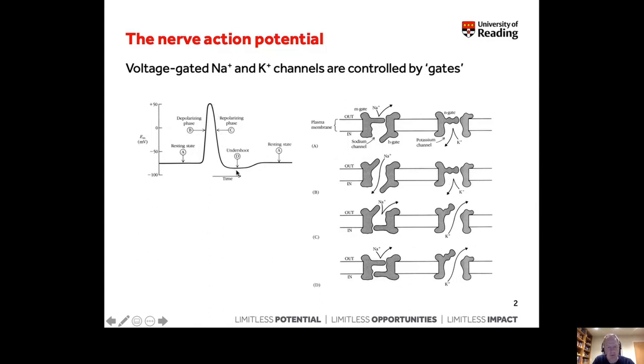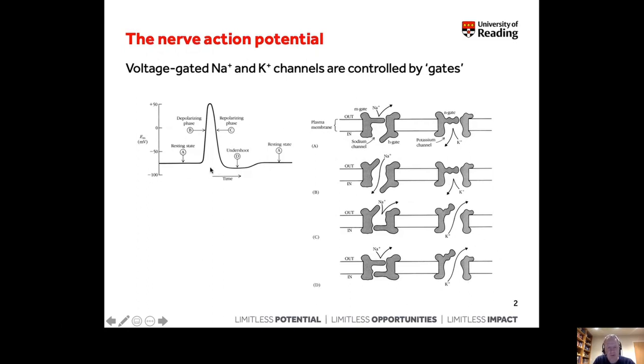And because the potassium moves quite slowly, as I showed you on that previous slide, we tend to get what's called an undershoot, where not only do we go back to the resting potential, but we go slightly under the resting potential. And that's shown in D, and that's basically because the sodium channel has fully shut, and the potassium channel is taking a little bit of time to close.